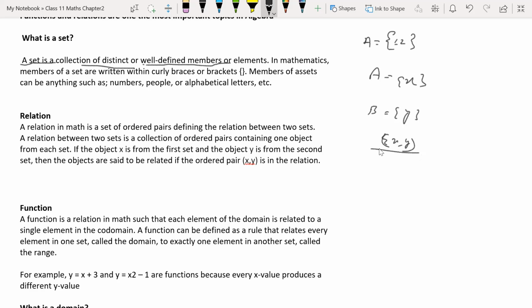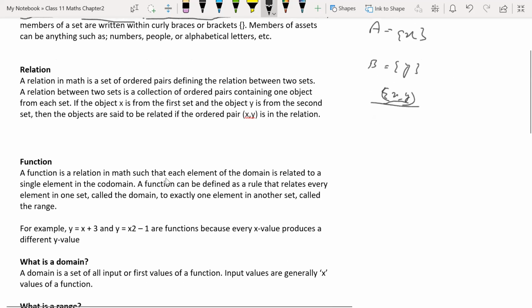We can say that (X, Y) is in a relation. So set A and set B are related such that this becomes the ordered pair (X, Y). That's the relation. So a relation is a set of ordered pairs that define a relationship between any two sets.